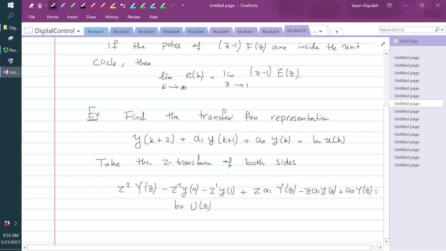Similar to what we've done with the continuous time domain, in order to get the transfer function, we set the initial conditions to 0.